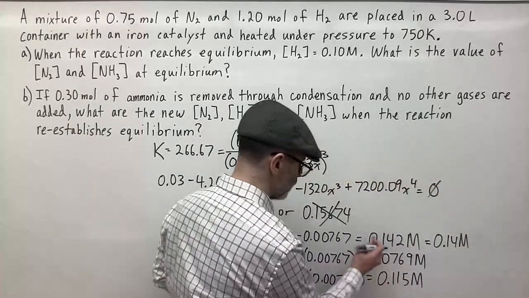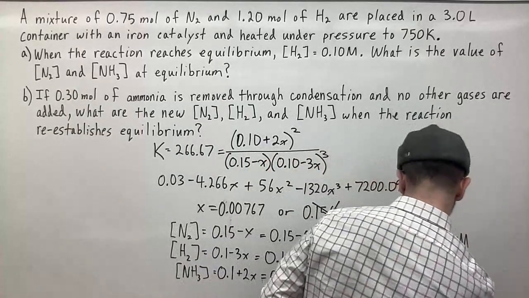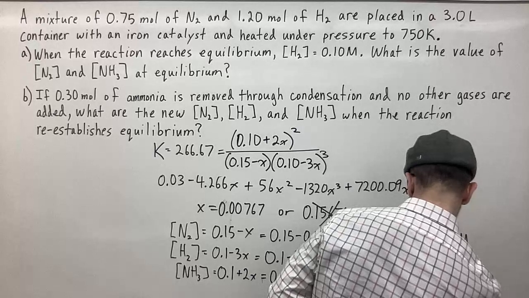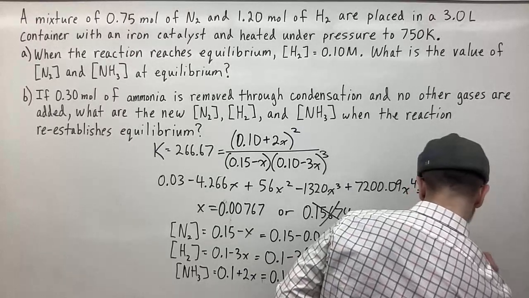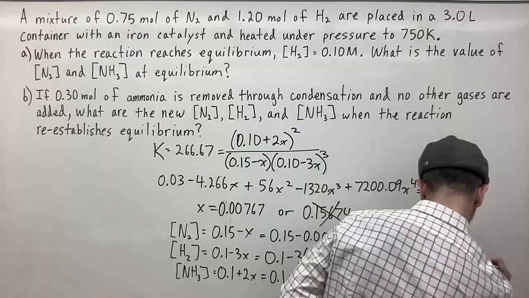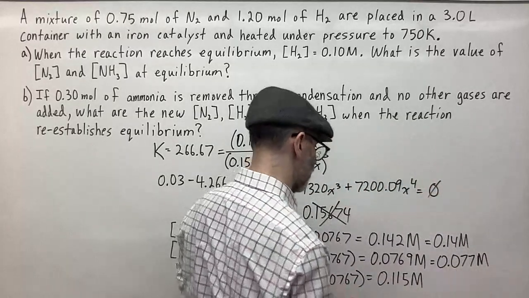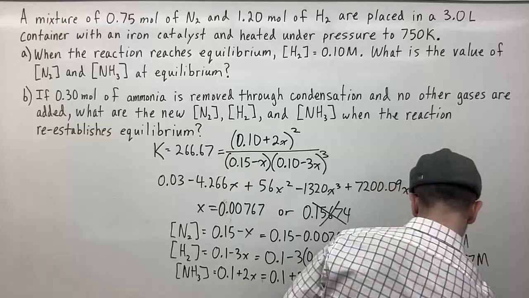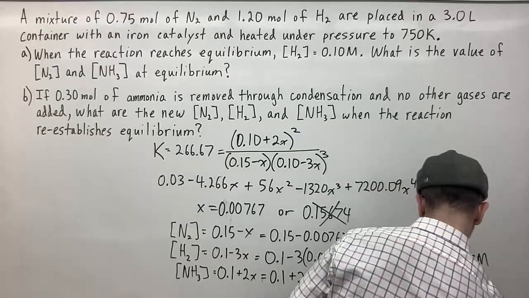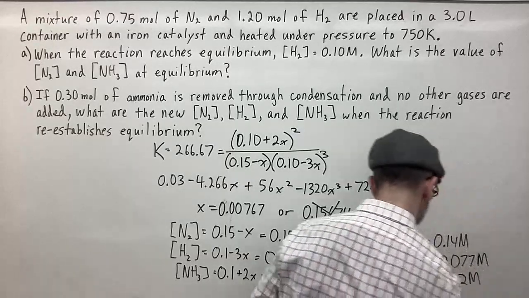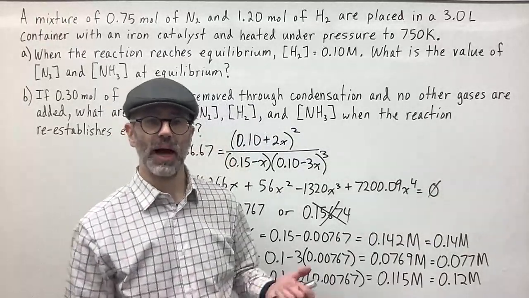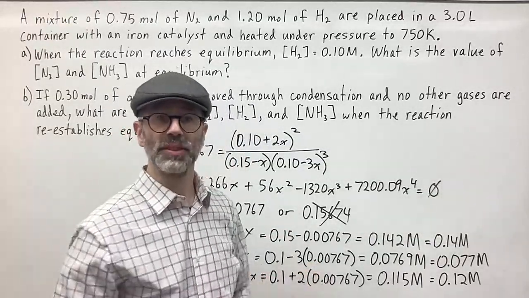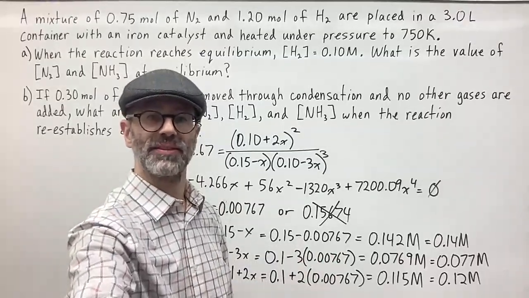If you round this to 2 sig figs, it's going to be equal to 0.077 molar. And if you round this, it'll be 0.12 molar. And so that is how you got these. This is how you get it right, ladies and gentlemen.